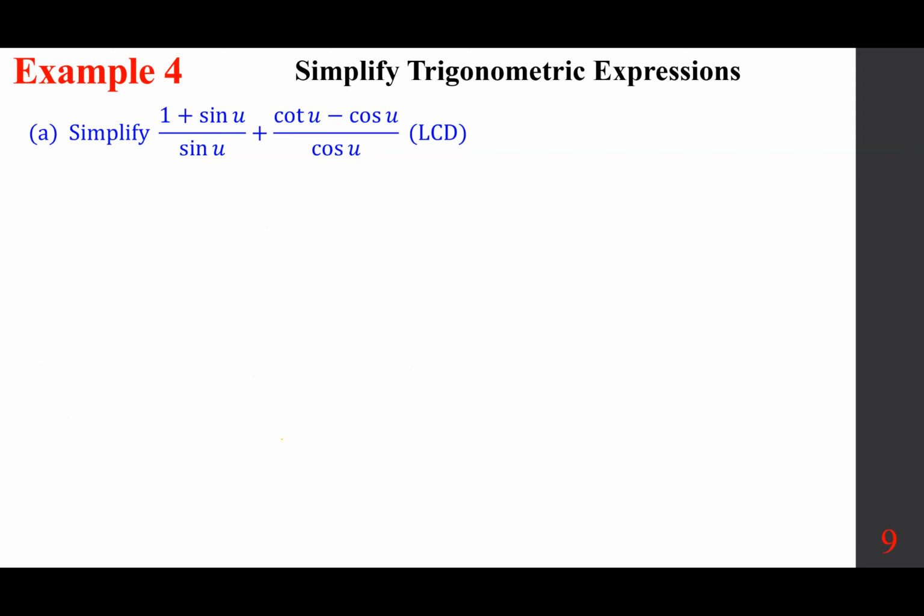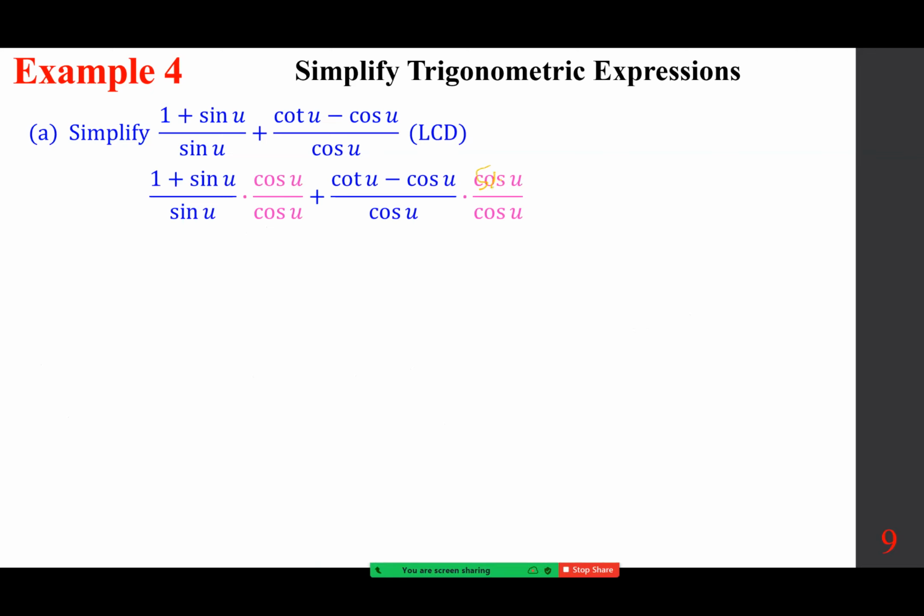So the first fraction will be raised by a factor of cosine u, and the second one by a factor of sine u. So the denominator is sine u times cosine u.